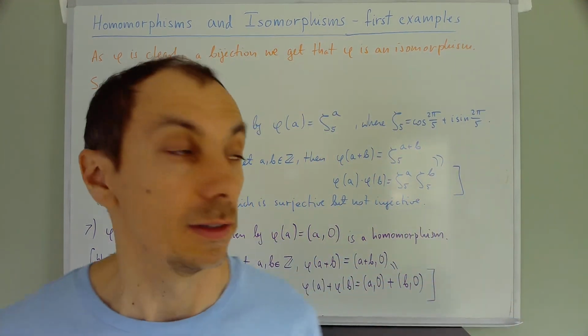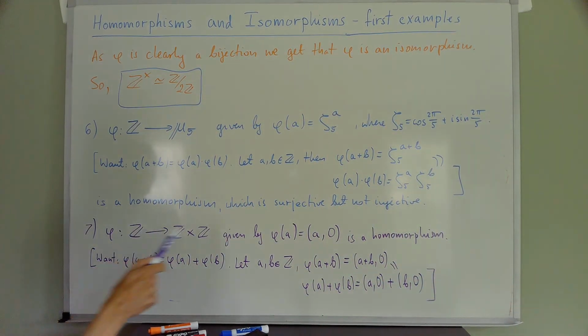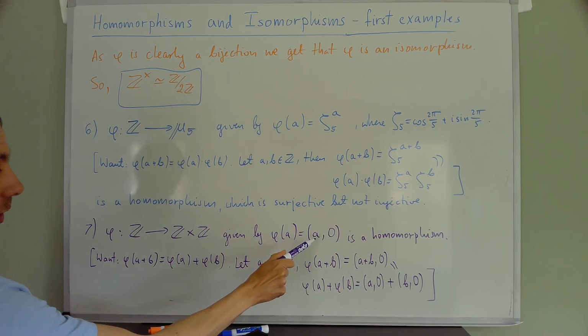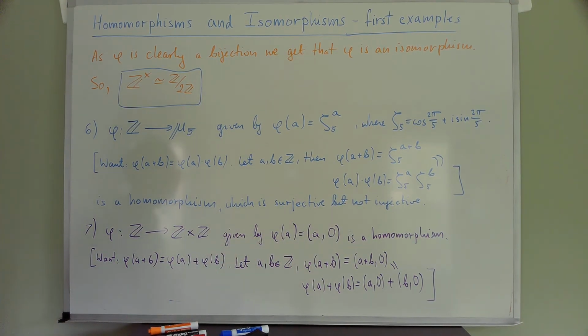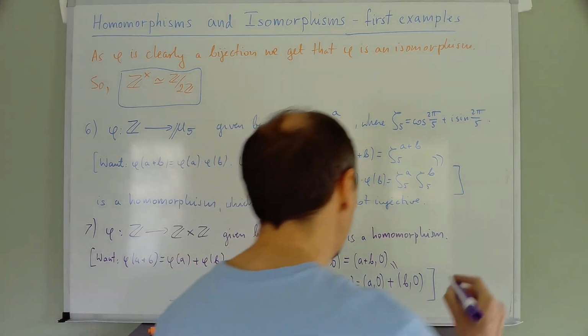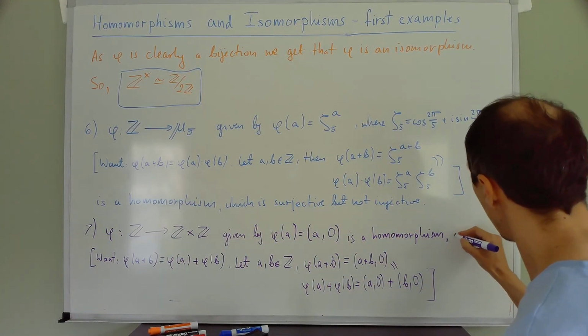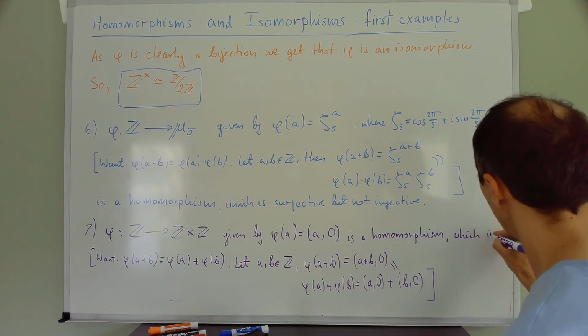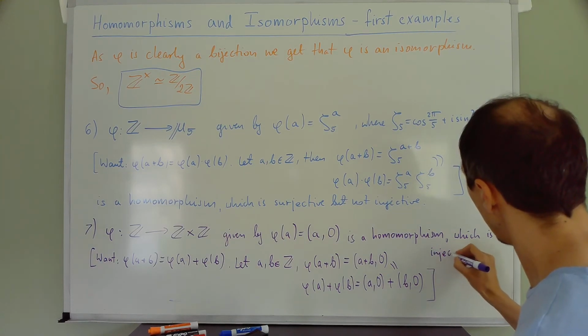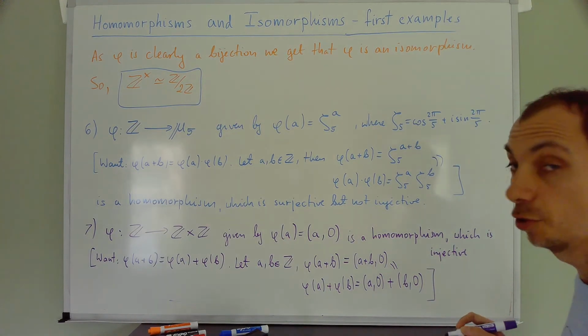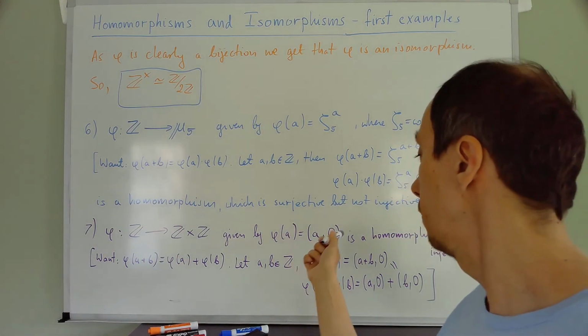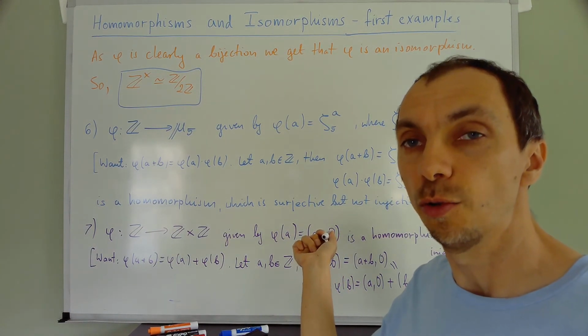Is it injective? Two different integers are going to go to two different elements like here. So yes, it is injective. Is it surjective? No way. You can never get anything other than 0 on the second coordinate.